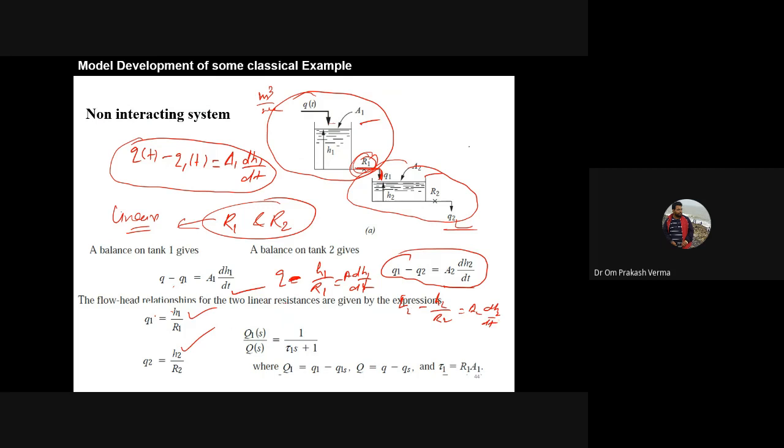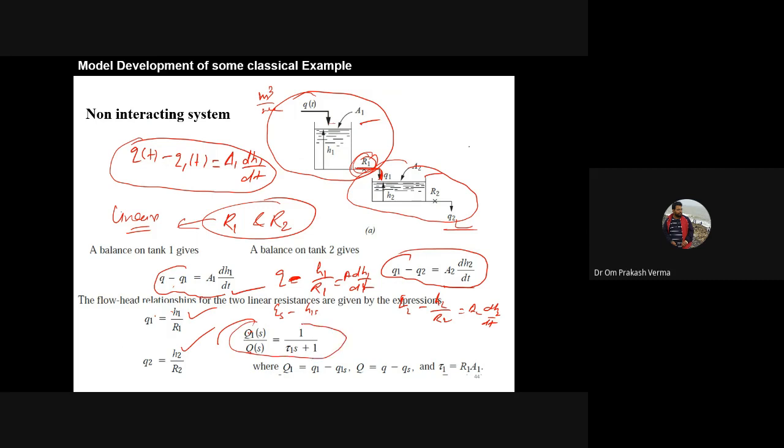We can take the deviation variables, the steady state equation, Q minus QS, H1 minus H1S, then subtract and take the Laplace transform. Ultimately you have to find Q1S upon QS. How will Q1S upon QS come? It will come from here when we put the values.